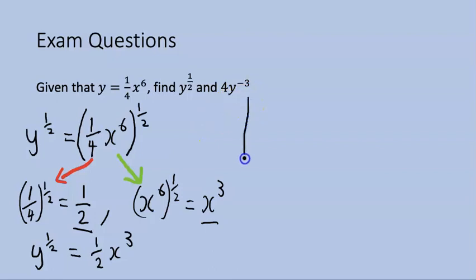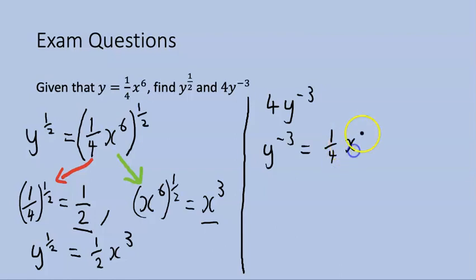Now, this 4y to the minus 3. First, I'm going to deal with y to the minus 3 alone. Why? Because it's going to be an absolute pain to do it with the 4 there as well. So I've got a quarter x to the 6, to the minus 3.